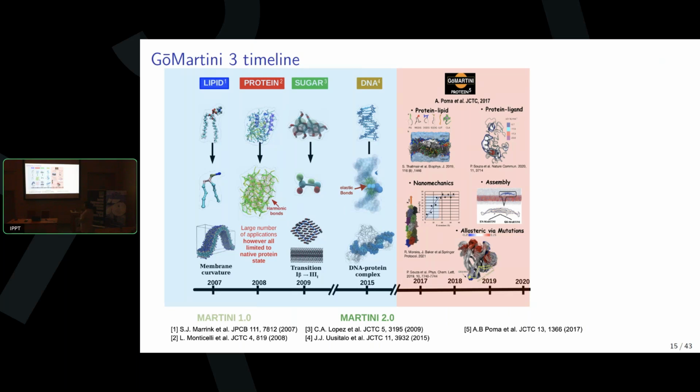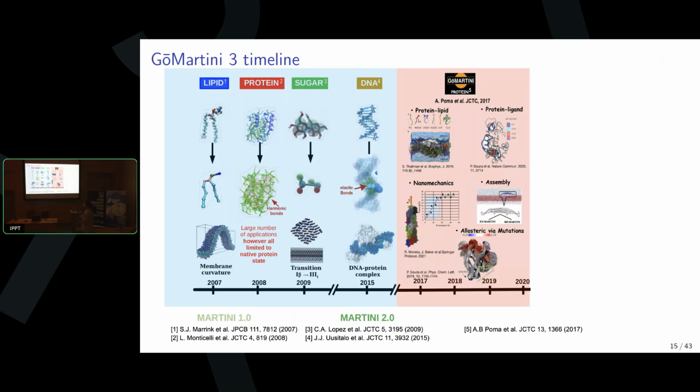Later, people got very encouraged to use the models, and they studied protein complexes in lipids, protein-ligand interactions, as well as nanomechanics on large protein assemblies. All this was done within Martini 2, the second generation of Martini potentials.